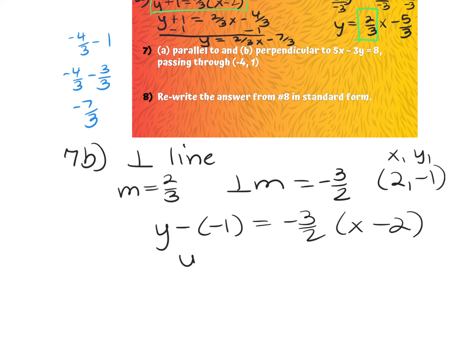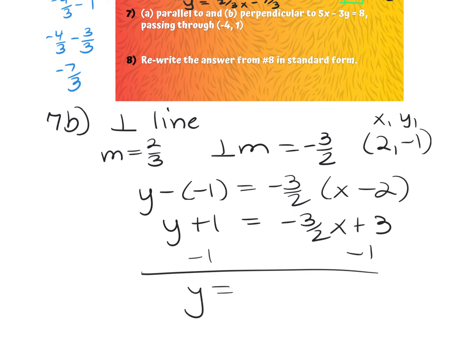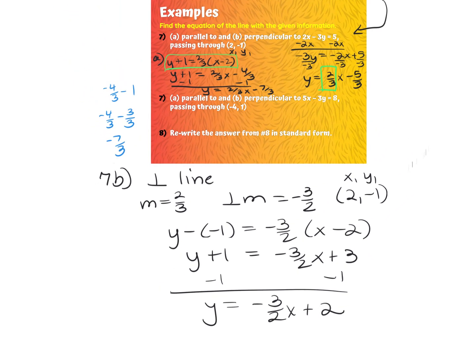I need to simplify the negative, distribute the 3/2, and this gives me +3, and now I move the 1. So y equals -3/2 x plus 2 is the perpendicular line. I'm going to do the exact same thing on the next question, and I notice it's numbered the same way.